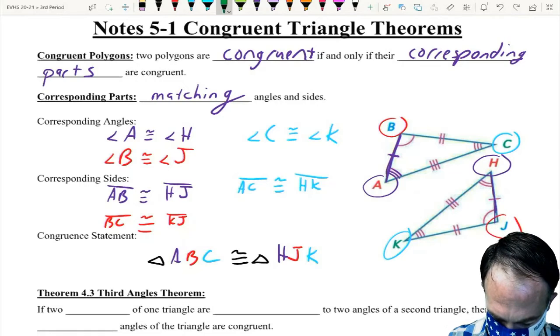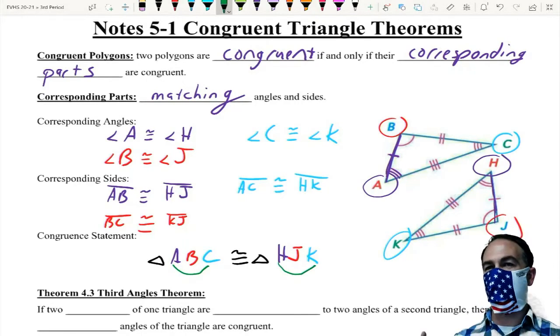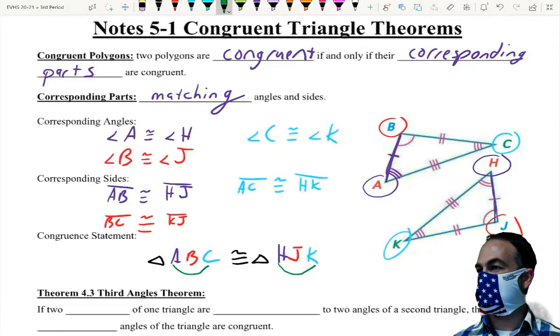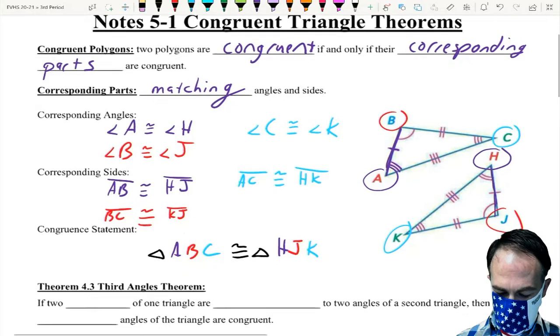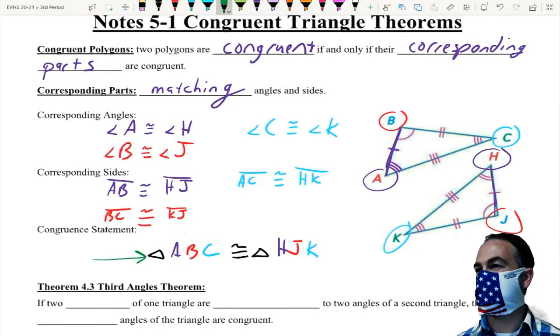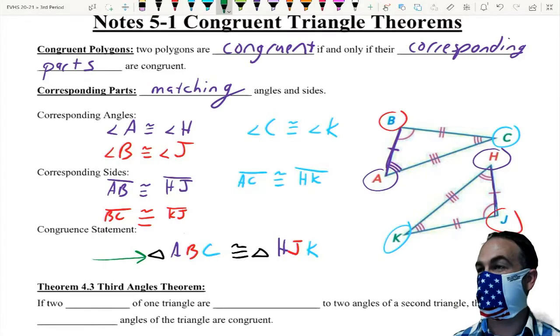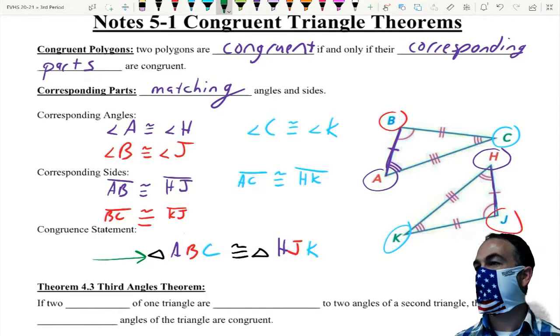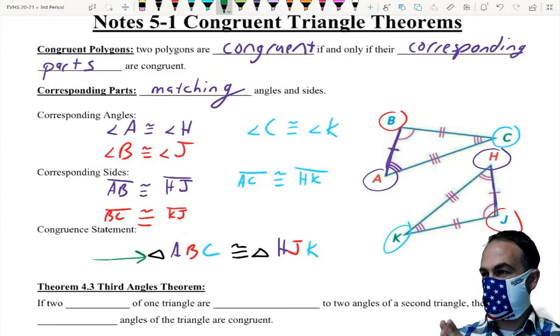I could also say that side AC is congruent to HK because that's the wraparound, the first and last. Those are also going to be congruent. Okay? Tons of information in this one thing. Probably one of the most detailed statements we'll be writing all year long. And because of that, I need you guys to be careful with how you're writing them. Always make sure that you're writing them in a way that things line up, and the first ones are congruent, seconds, and thirds.